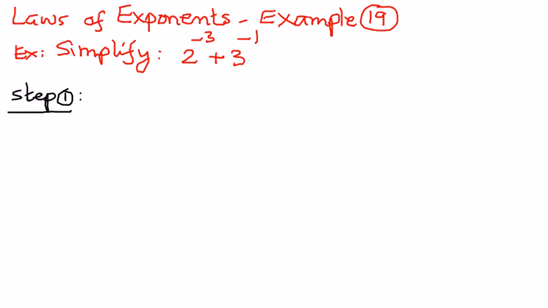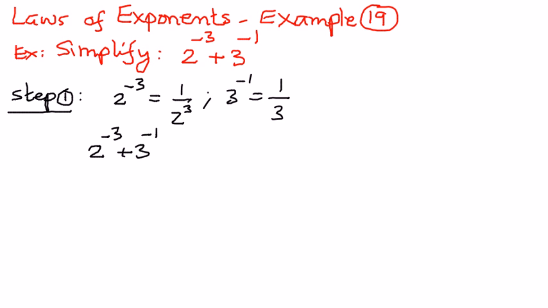Step number 1, 2 to the power of negative 3 we can write as 1 over 2 to the power of 3, and then 3 to the power of negative 1 we can write as 1 over 3 to the power of 1, or just 1 over 3. So therefore 2 to the power of negative 3 plus 3 to the power of negative 1 we can write as 1 over 2 to the power of 3 plus 1 over 3, like that.